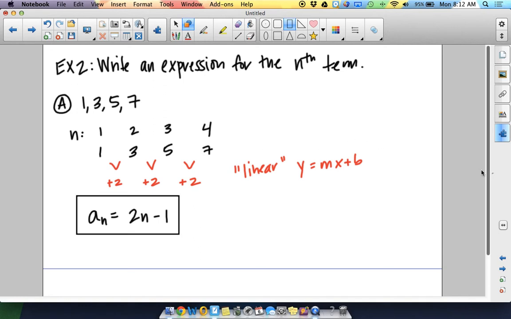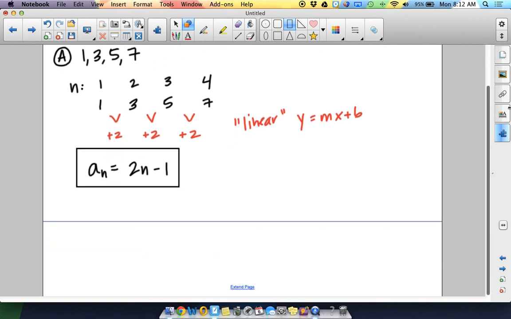Okay, so then it gets a little bit more interesting when it's not linear. You guys have done linear all your life. We need to do other exciting things. So your sequence is 2, 5, 10, 17. Again, I like to put my n's down 1, 2, 3, 4 terms.